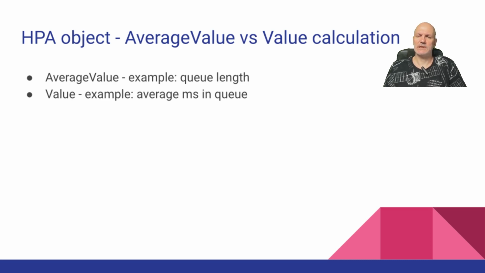We use the target type average value when we want HPA to average the observed metrics across the number of total pods, and we use the value target type when the metric is already averaged, so HPA will use it as is. For example, we may use the average value when the metric is queue length, and we may use the value target type when the metric is average time a message spends in queue.